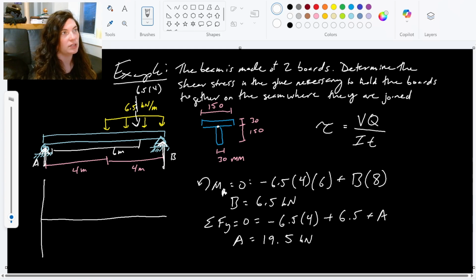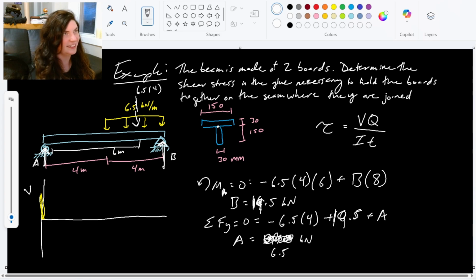So now that we have those, it'll be a lot easier to make the shear diagram. Our shear diagram here, we have A at the very left end, so that pops up our shear diagram by 19.5, or, I have these backwards, I'm so sorry. I have these written backwards. This is 19.5, this is 6.5. Okay, there we go.